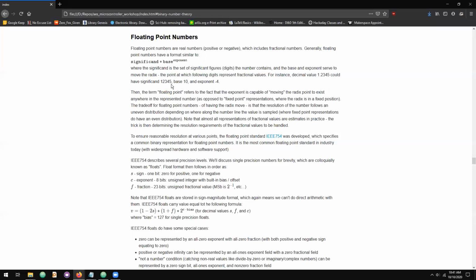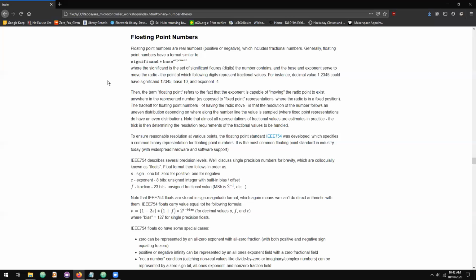And so we start with the radix point after the least significant bit, or the least significant digit. And then we apply the base and exponent combination. So 10 to the -4th moves the decimal value 4 places. And then we result in our fractional value.